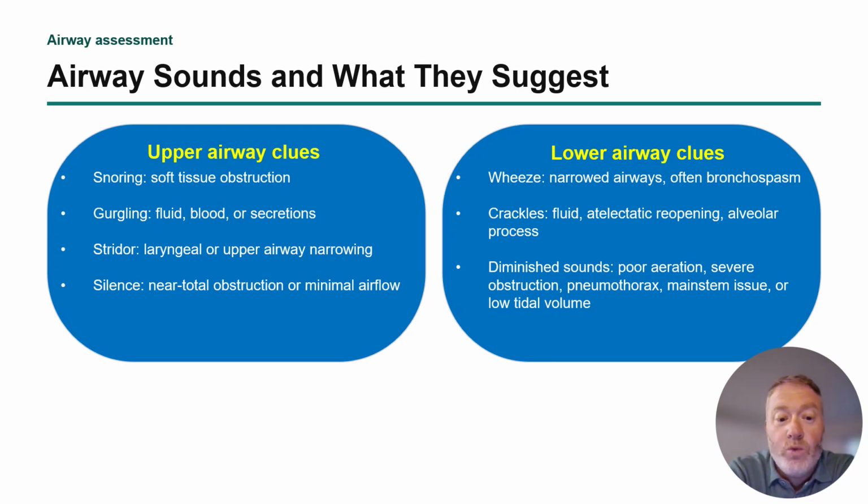Any gurgling sound, any fluid-y sound, so fluid, blood, secretions, vomit, you name it. Anything that's gurgling is upper airway, likely in the throat. Any kind of stridor, so laryngeal or upper airway narrowing, swelling, inflammation, secretions sometimes, brought upon by viral, sometimes bacterial infections.